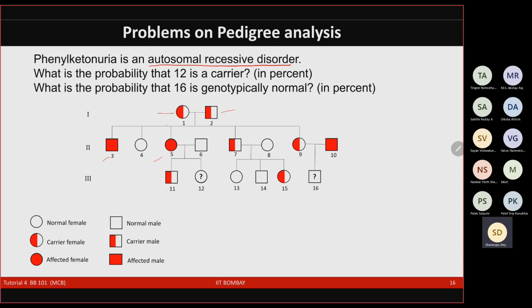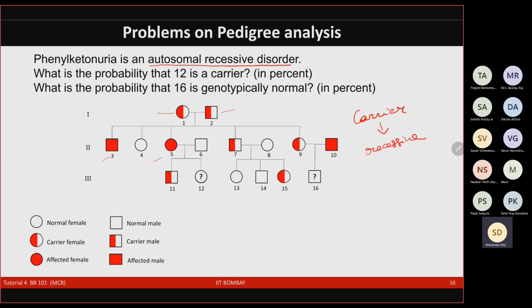Now this concept of a carrier comes only when the thing is recessive. Because if the gene is dominant, that means if the person has one copy of the gene, the person is going to be affected. So the person can't carry the gene.